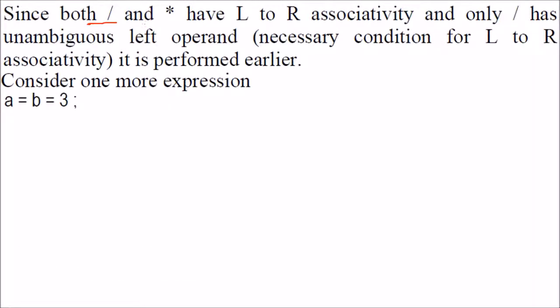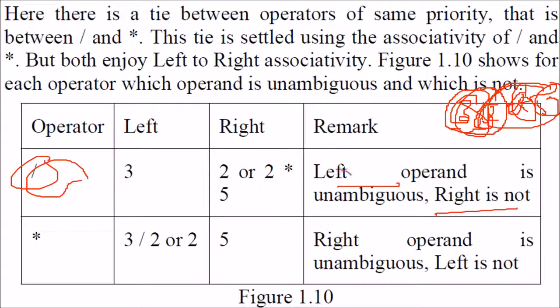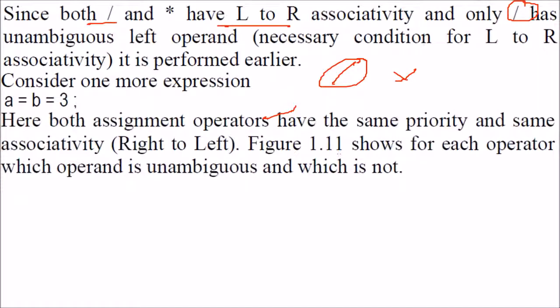Since division and star both have left to right associativity, and only the division has an unambiguous left operand, the operation will be left to right, with division first.